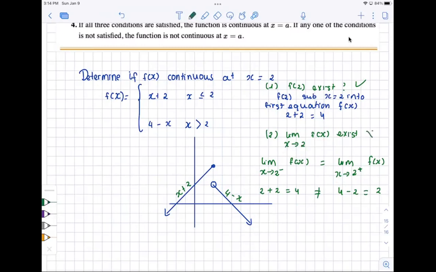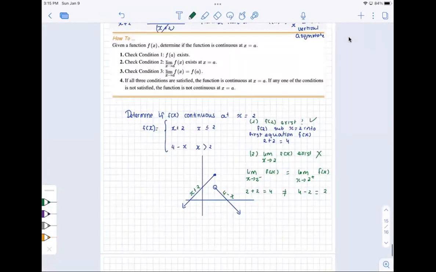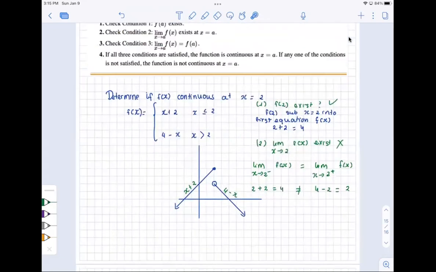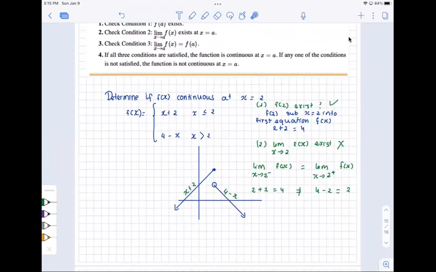Before I move on to the third condition, I can conclude that this function is discontinuous because the second condition is not satisfied.